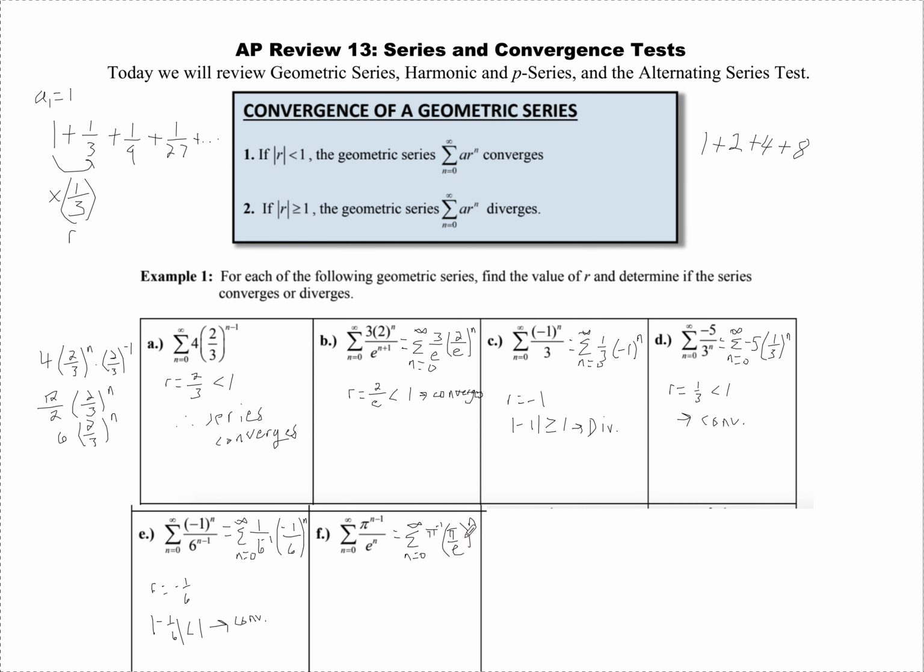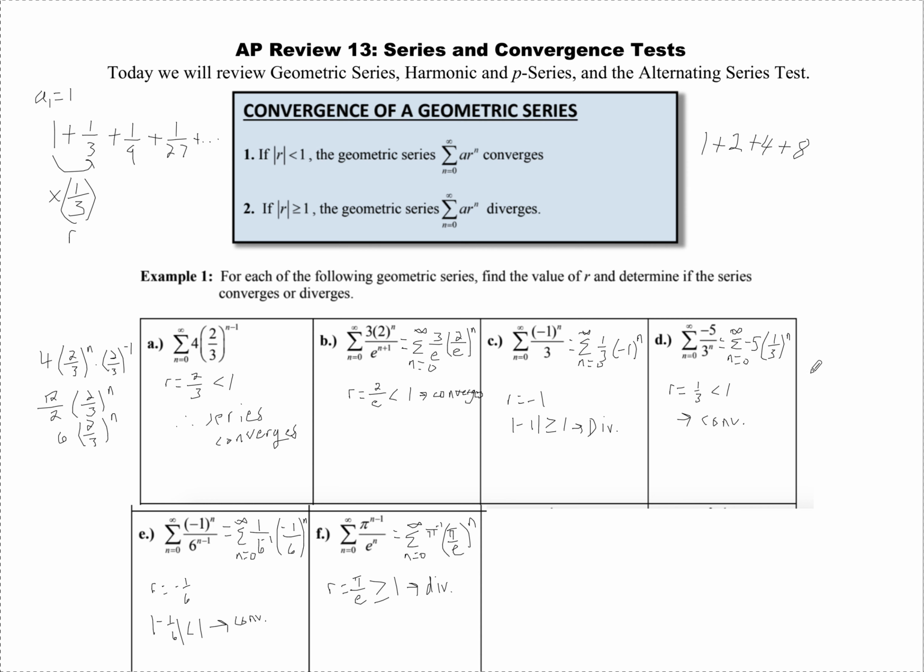So we go, okay, well, what's happening here? Pi is bigger than e, 3.14, 2.71. So this inside part, we now know that r is pi over e, and that is greater than or equal to 1. Therefore, this geometric series diverges because it's a geometric series with an absolute value of r greater than 1. All right?